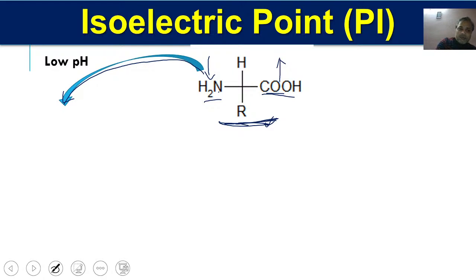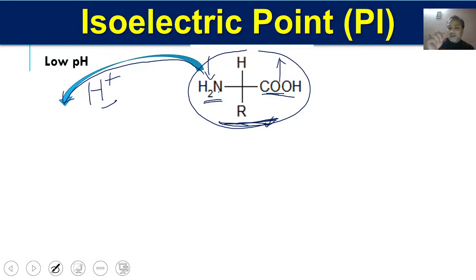Acidic side means the medium will have more H plus available. So if you put this amino acid in this high H plus medium, which group will take H plus? Which group has the tendency to accept H plus, this or this?